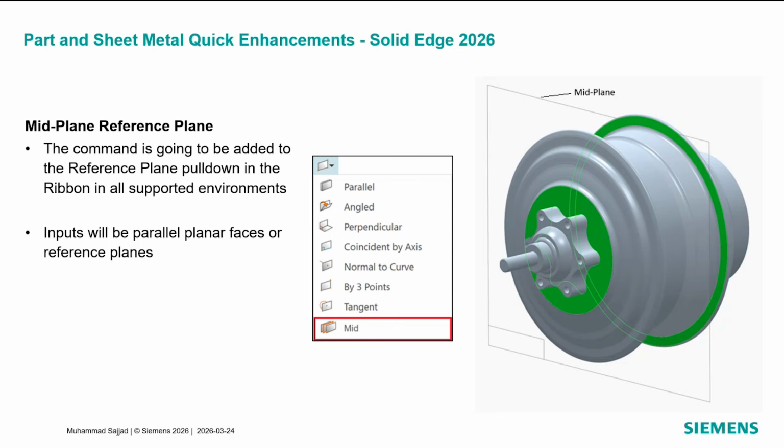So the new command simplifies the process to be able to create midplanes. And the users can create it by selecting parallel planar faces or reference planes. So it's just as simple as that. And the addition of the mid-plane option just makes it easier to align and position different features, especially if you're working with complex designs.